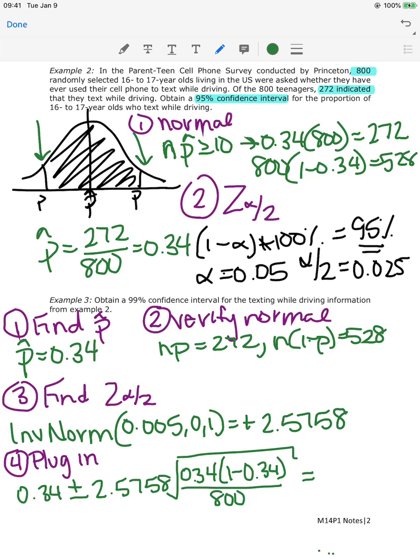So let's go ahead and plug all of this in. The nice thing is only one value is different from last time, so I don't have to change too much in the equation. 2.5758.